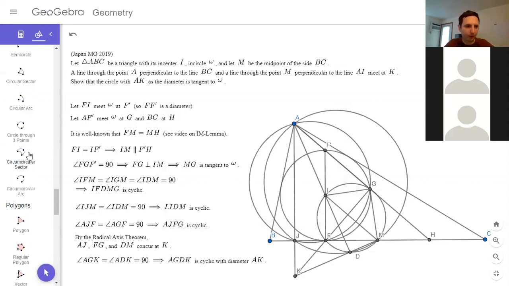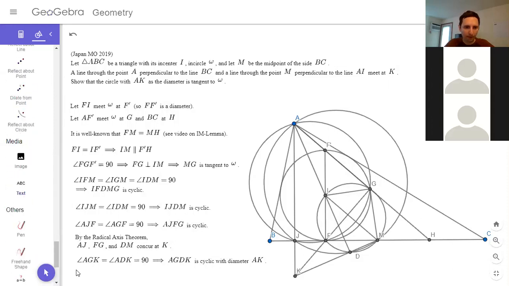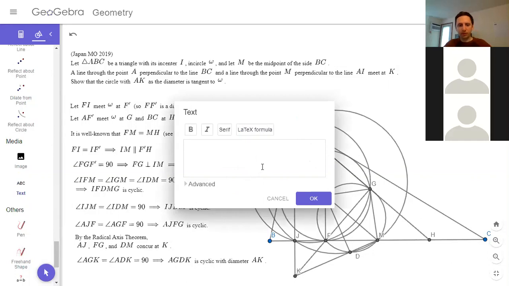Then, I guess I might as well draw it. F, and then F prime F is parallel to AK.